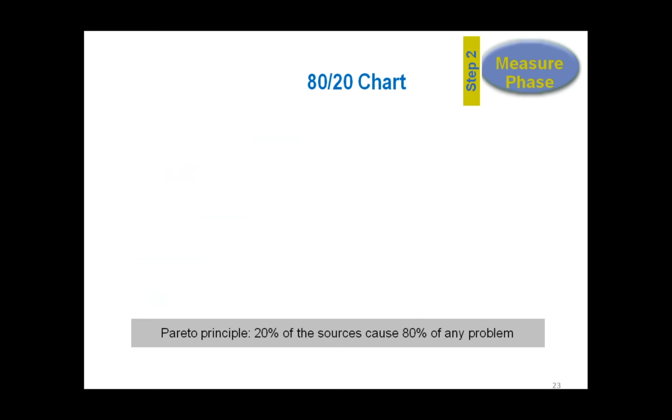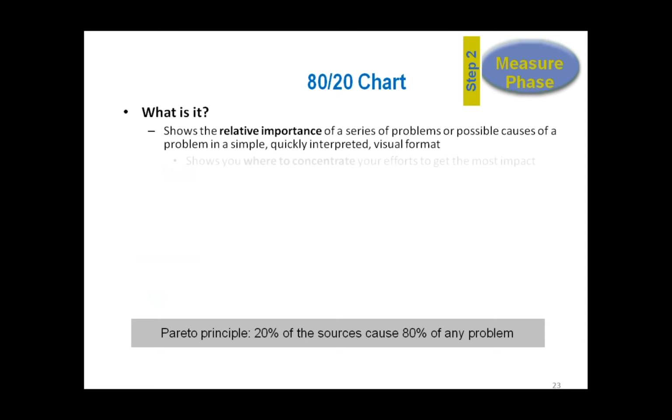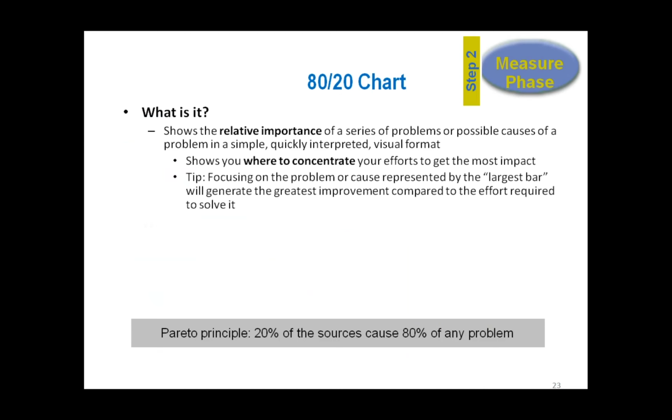So this is a prioritization tool where we identify the category of defects which need to be worked on first, because we cannot work on everything together. It's the relative importance of the problems and possible causes, and we need to understand which one to work on first, where to concentrate our efforts.